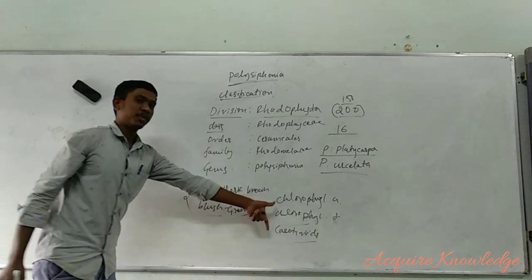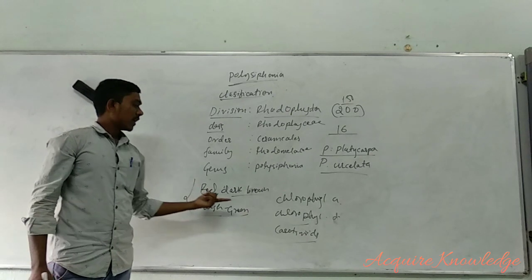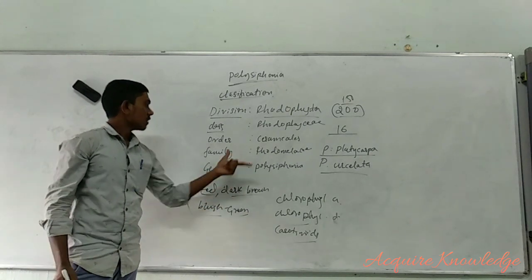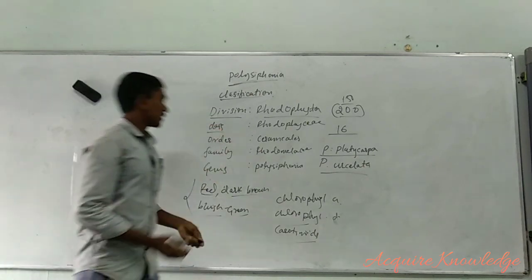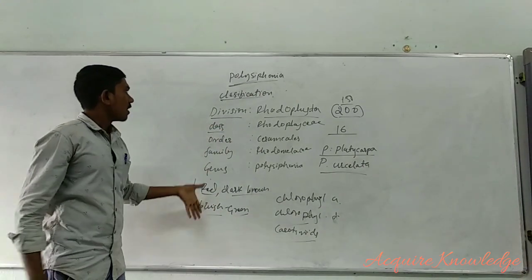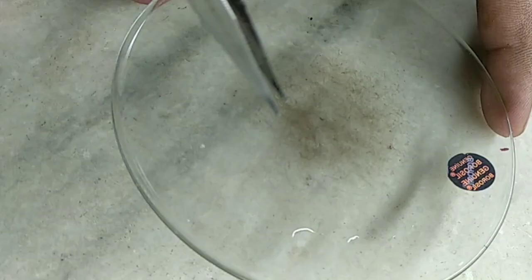Due to the presence of these pigments, the algae appear red, dark brown, or bluish green. These are called red algae, belonging to the class Rhodophyceae.